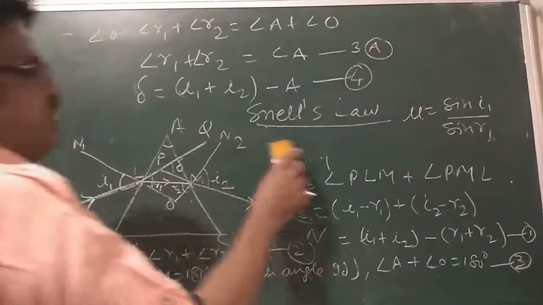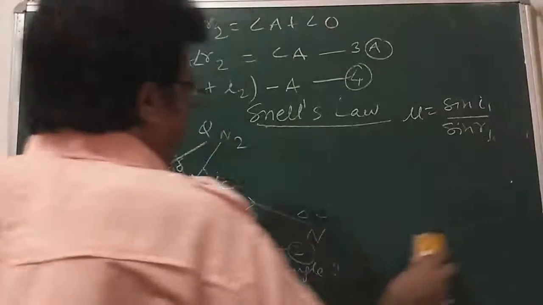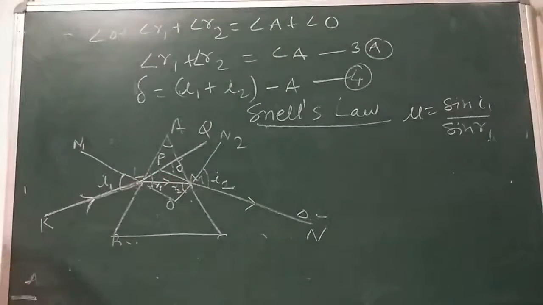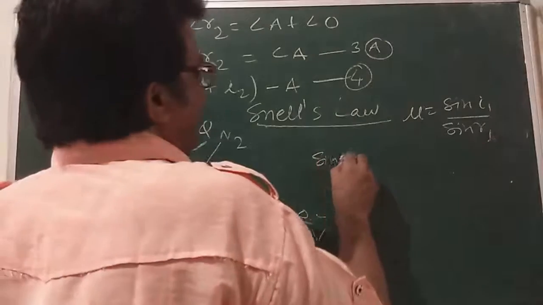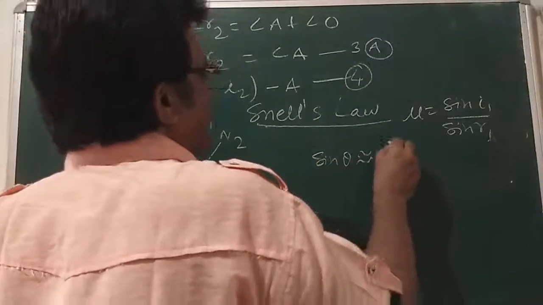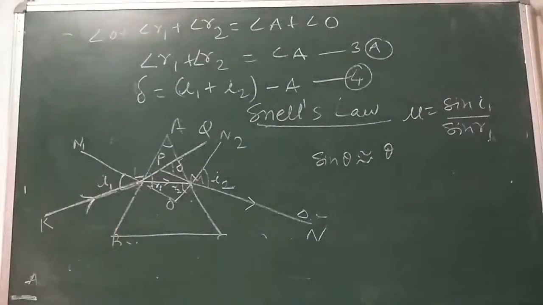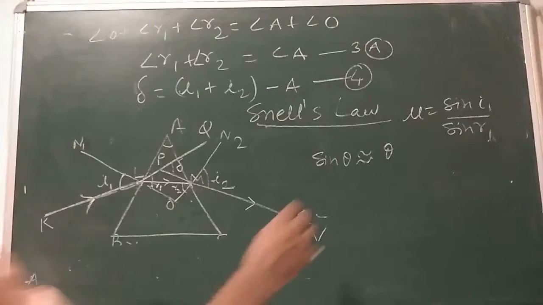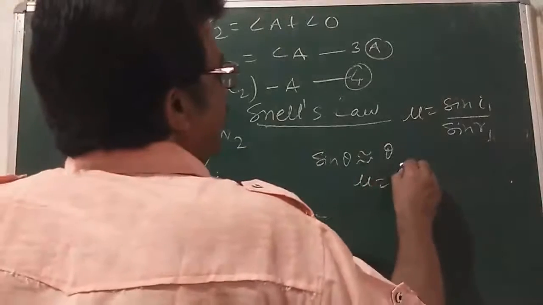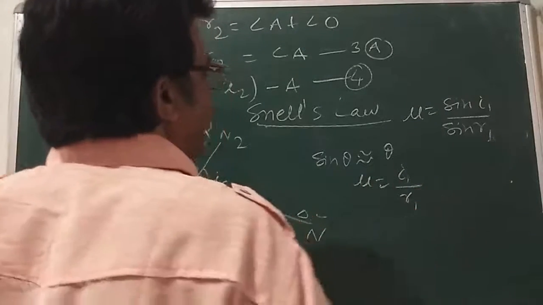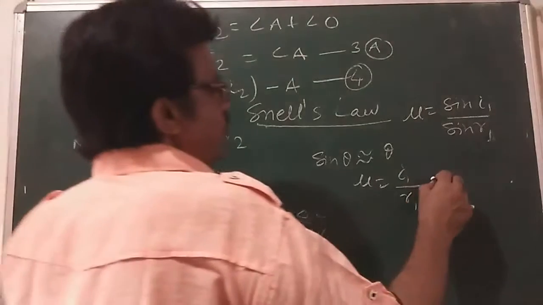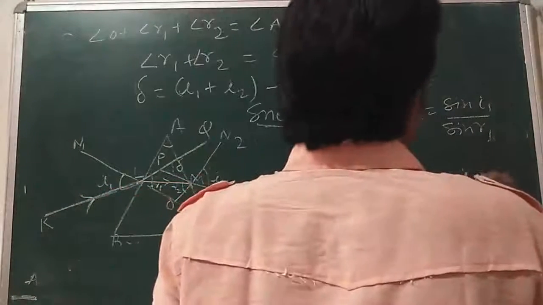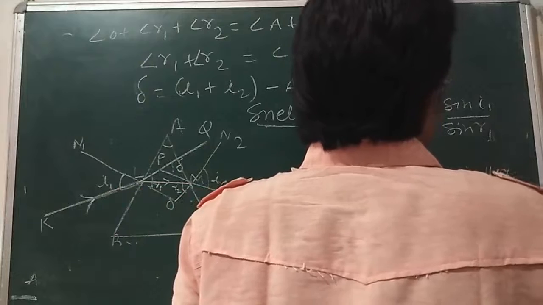When the angles are small, I can write sine theta is equal to theta. So mu comes out to be I1 divided by R1. So I1 is equal to mu R1.